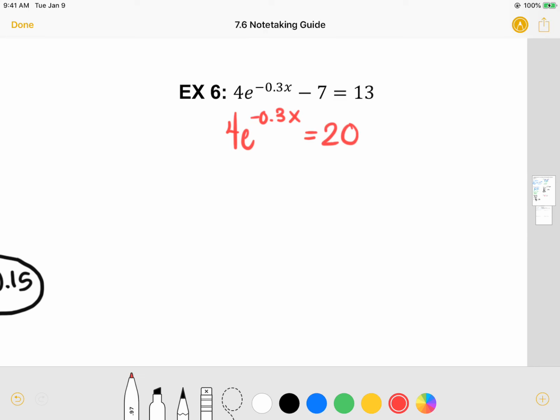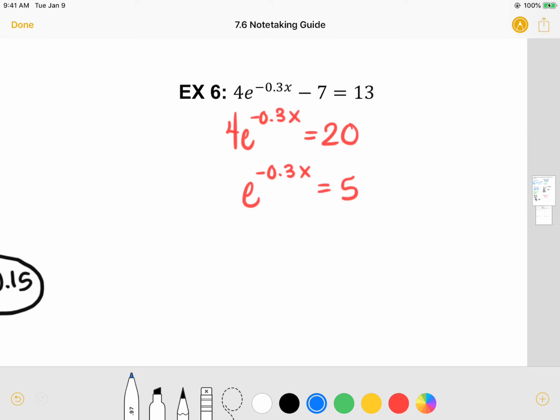Adding 7 to both sides. The next step is going to be to divide each side by 4. So e to the negative 0.3x is equal to 5. Now we will rewrite our exponential equation as a logarithmic equation.